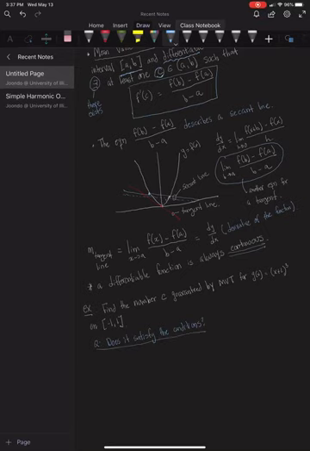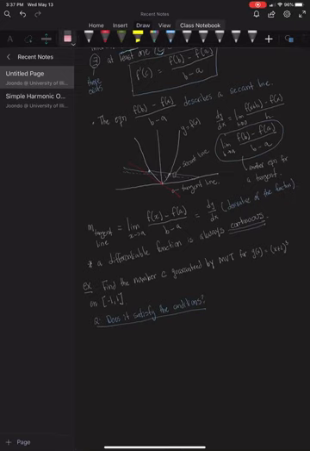Let's see if it does. The first condition it has to satisfy is this: g of x must be continuous on -1 to 1. And it is. This is true.